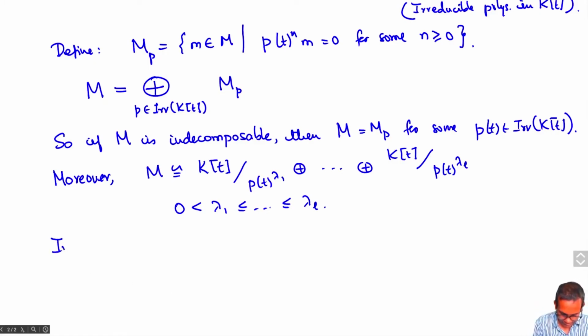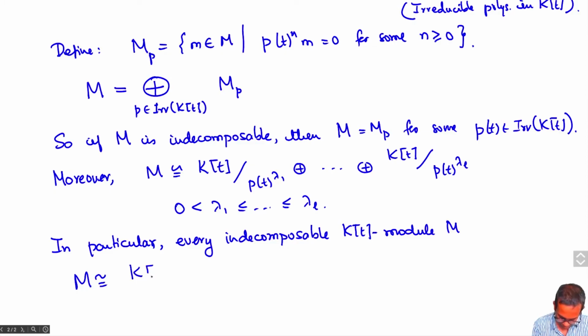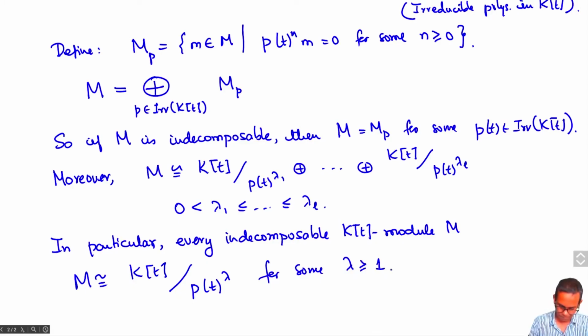And in particular, the indecomposable K[t] modules M are isomorphic to K[t] mod p(t) to the power lambda for some lambda greater than or equal to 1.